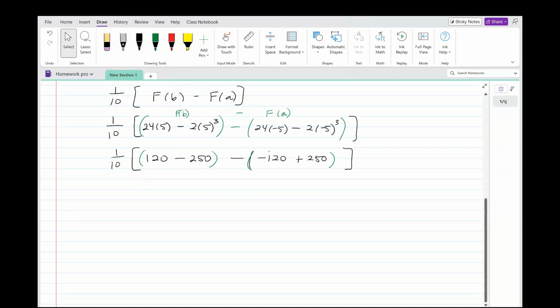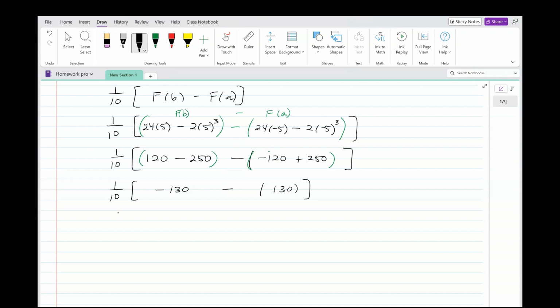Okay, so 1/10, and here I have 120 minus 250, that's going to end up being negative 130, minus, so negative 120 plus 250, that's going to be positive 130. But remember, the negative from your subtraction is still up here.